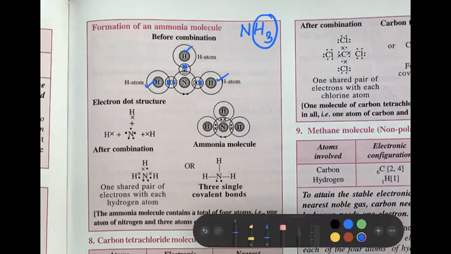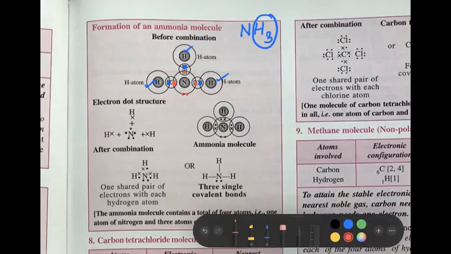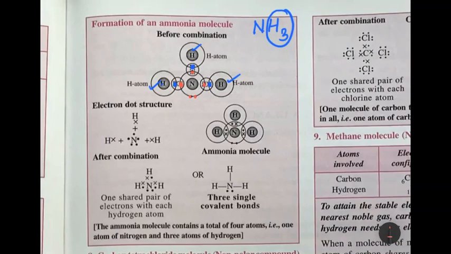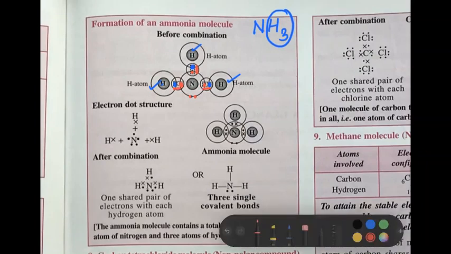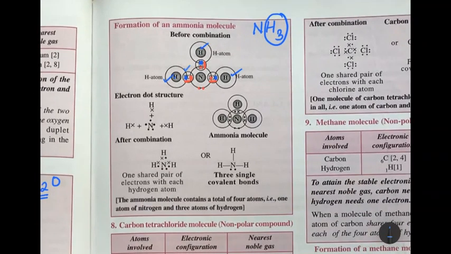Now here let me show you. This is nitrogen. Okay, so here you will see hydrogen duplet has 2 electrons, this also has 2 electrons, this also has 2 electrons, and all together you will see that nitrogen has 1, 2, 3, 4, 5, 6, 7, 8.